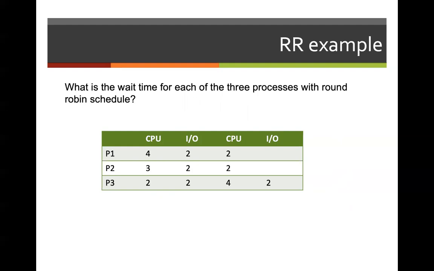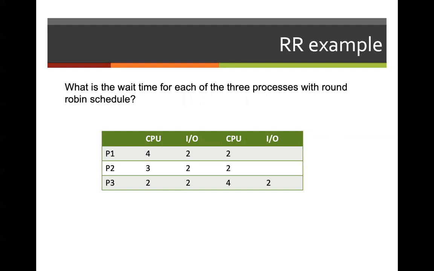So that means that each of our available processes will execute CPU and IO bursts as shown. And so we can consider that P1 is going to have a CPU of 4, IO of 2, CPU of 2. P2 has a CPU of 3, IO of 2, and CPU of 2.